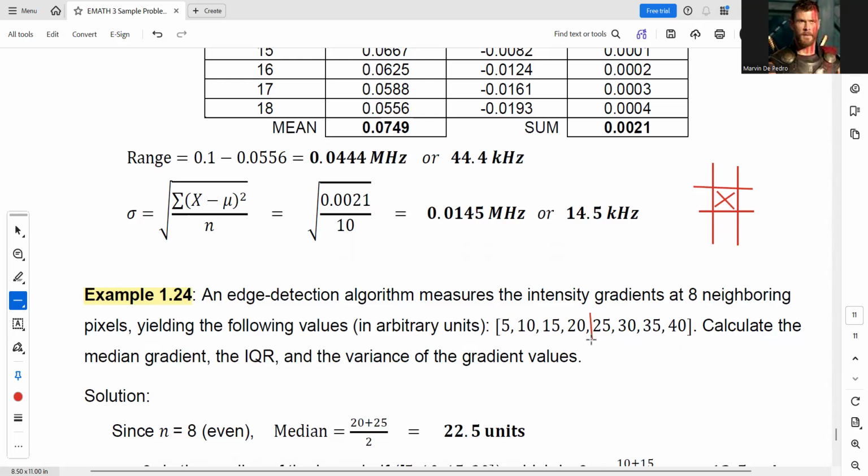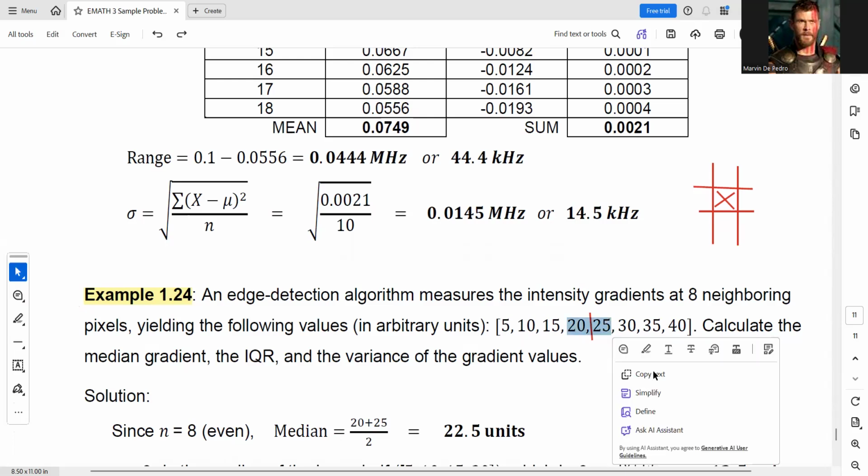We have a total of 8 data points, an even number, so we take the average of these two. 20 and 25, the average of that is 22.5. So that's the median.